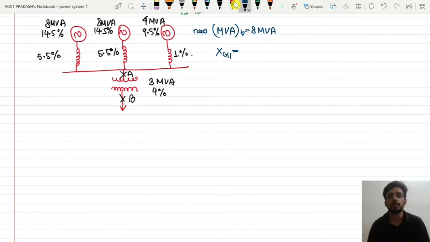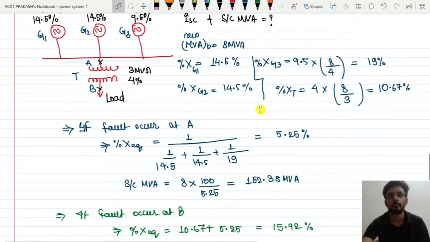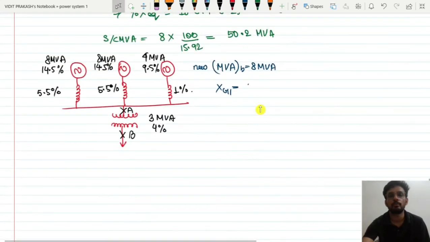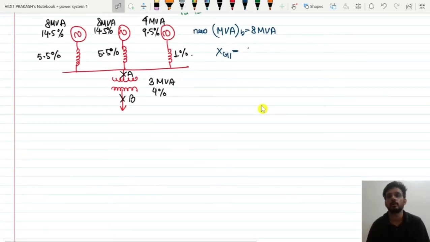and for the generator and transformer will be the same. So the percentage reactance of generator 1 we got earlier, that is 14.5%, because we have taken the same MVA rating, so we get the same percentage reactance here.